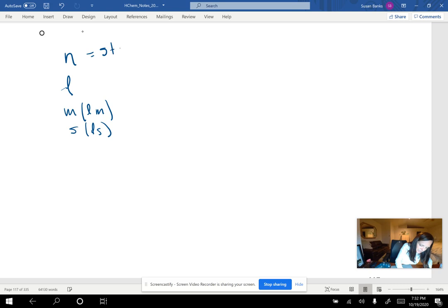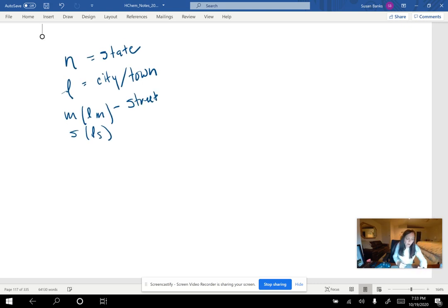So this is the state that that letter or that envelope is going to. L is going to be the city or the town where that is going to. And L sub M, or the M, is going to be the street.